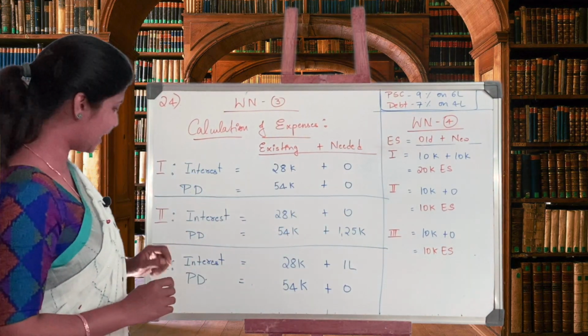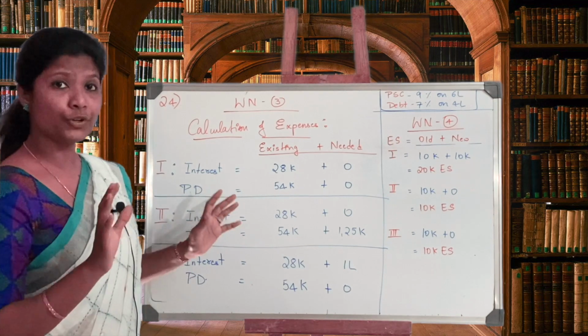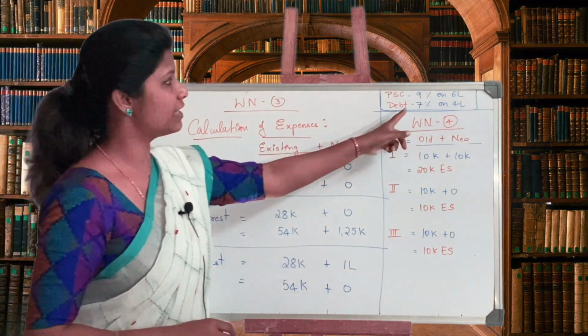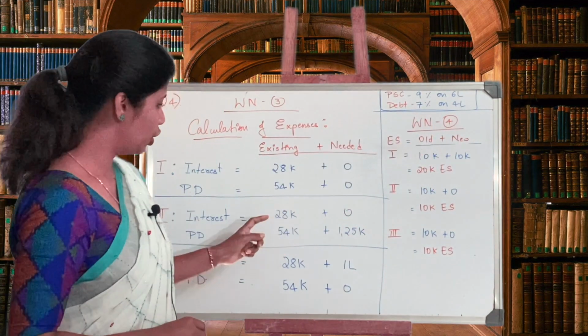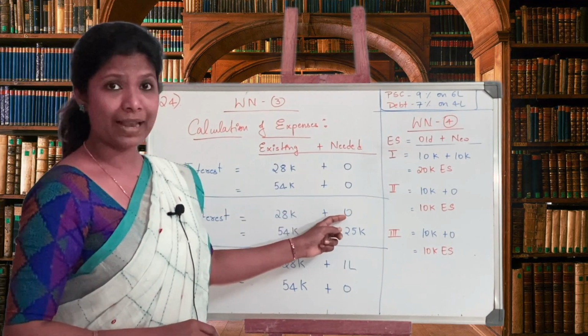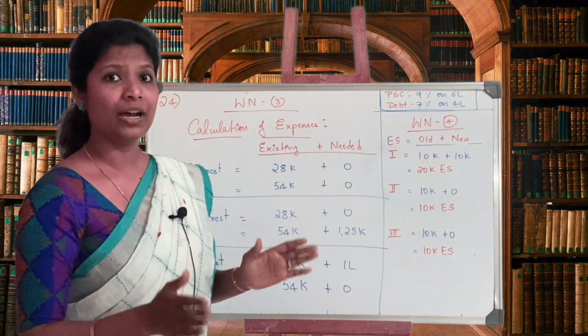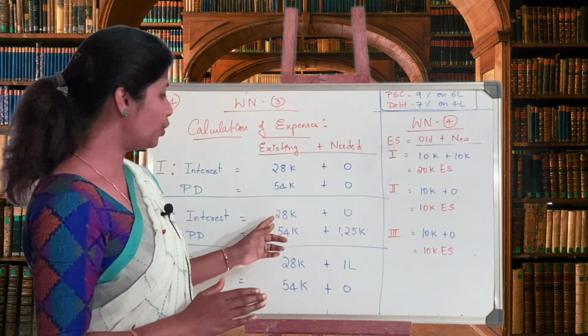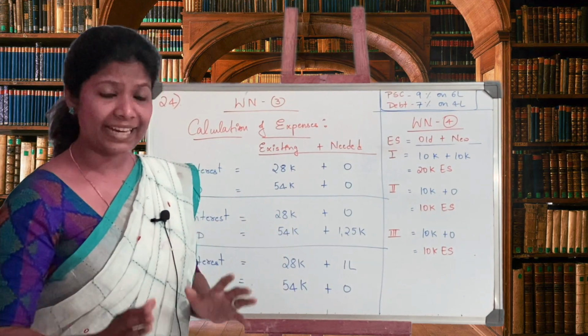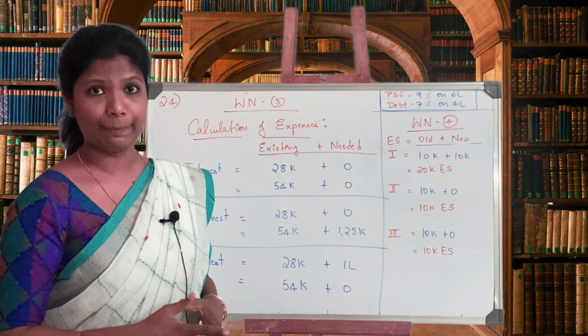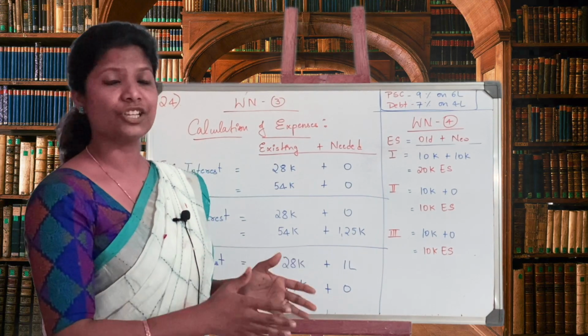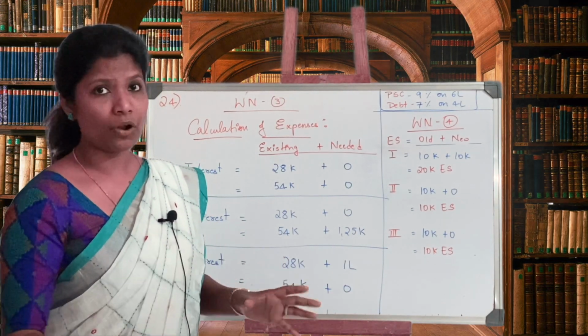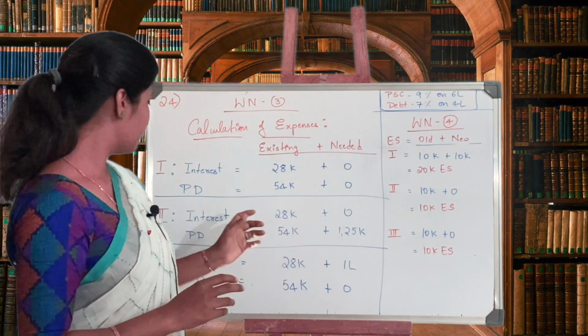Moving on to the second plan, interest will remain common. That is 28,000, 7% on 4 lakh. 28,000. Under plan 2, what is plan 2? So, plan 2 was talking about completely raising the 12,50,000 capital through preference share capital. So we do not have any kind of interest over there.